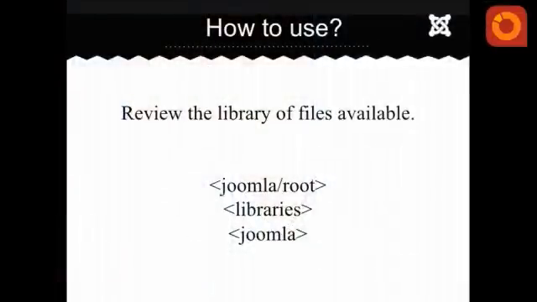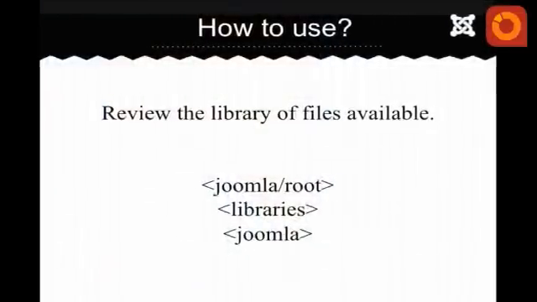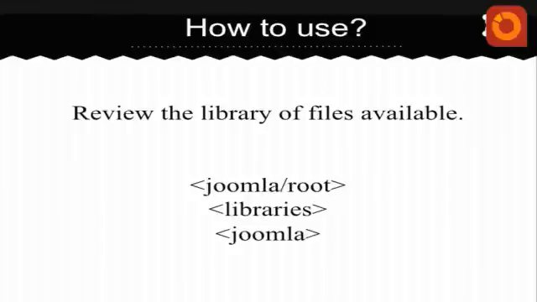The first step that I say is to review the library of the files that are available. So if you go into your Joomla root and you navigate to the libraries folder, you will see a folder there called Joomla. That folder has all of the necessary classes and methods and functions that are available. If you look in the CMS release, so when you download Joomla CMS, if you look in the libraries folder, you'll see a folder called Joomla, and that's where all these classes live.